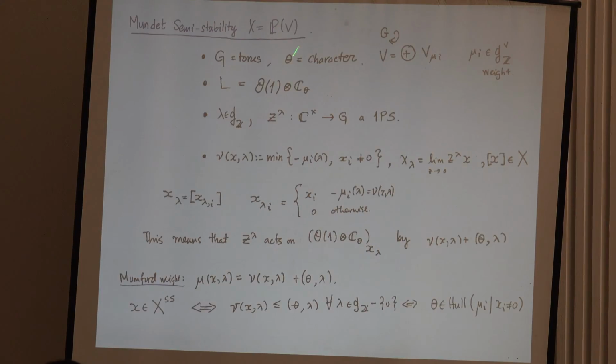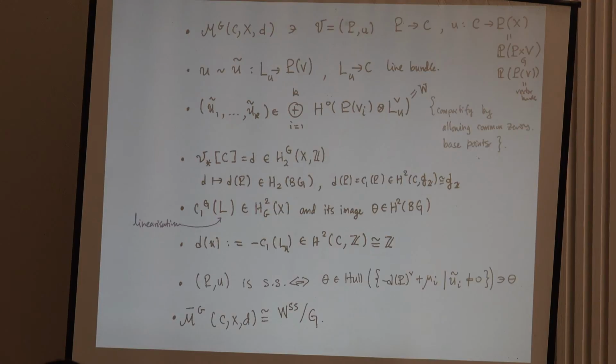Remember, this guy is X. And then the image of this guy, I'm going to denote it by theta, and this is the image that goes into the equivariant cohomology of the point. And so d_u is going to be the degree of this bundle, because everything should be dualized, so I have to put a negative sign in there.